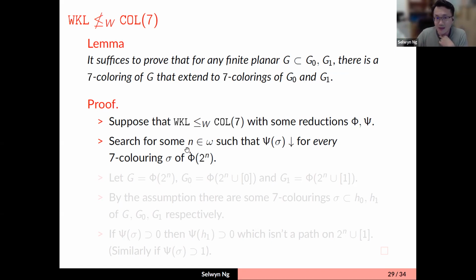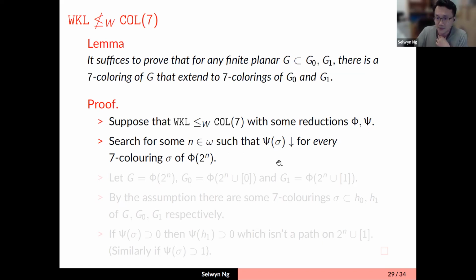But there must be some n where on this finite graph, psi, which is the reduction back, must be total on every 7 coloring, because if not, then by compactness, or if you apply Weihrauch's lemma in the mathematical sense, you get a contradiction. Psi cannot work on some coloring of the infinite graph. So there must be already some level where psi has to be total. But all these ingredients are computable. Psi is computable, phi is computable, and the input is computable. So you just search for this n.